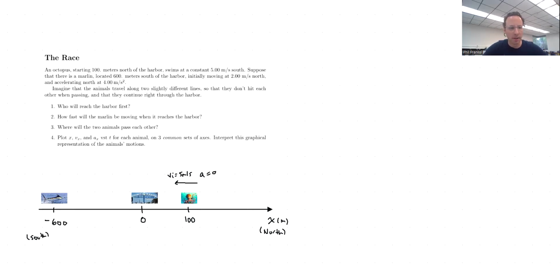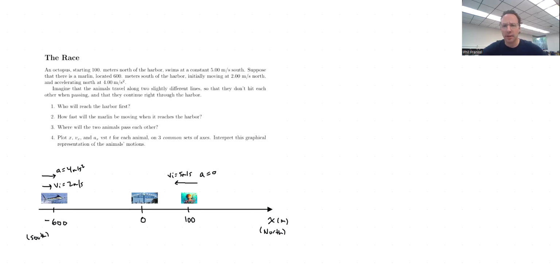On the other hand, the marlin has an initial velocity which is rather small, just 2 meters per second, and it points north, as indicated by the arrow that I drew there. And the marlin has an acceleration of 4 meters per second squared north. All right, so I've indicated the initial positions, the initial x coordinates, the initial velocity values, and the constant acceleration values for the two characters.